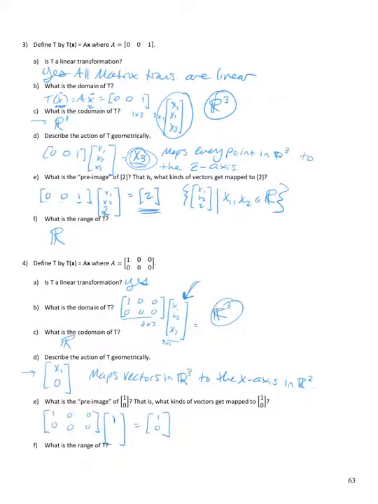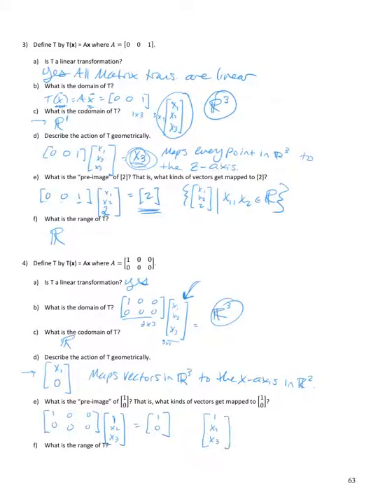And then it doesn't matter what x2 is, or x3, I will get 1, 0 no matter what those are. So the pre-image of 1, 0 is a vector that looks like 1, x2, x3.